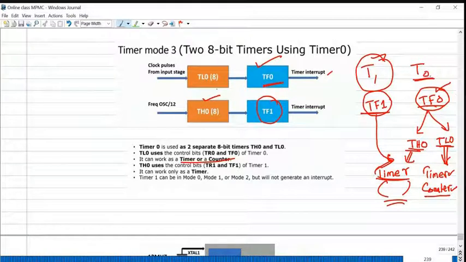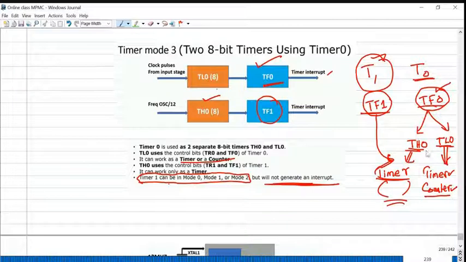The T0 overflow flag bit is utilized by TL0, and the T1 flag bit is utilized by TH0. So this flag bit is already utilized. Timer 1 can be in mode 0, mode 1, mode 2, but it will not generate any interrupt, because the flag bit is already utilized by TH0.